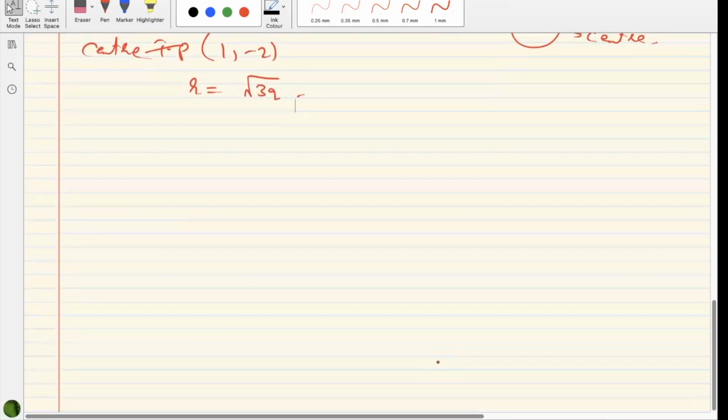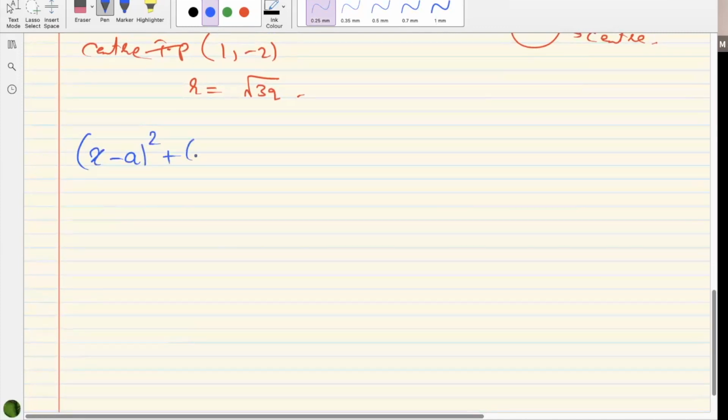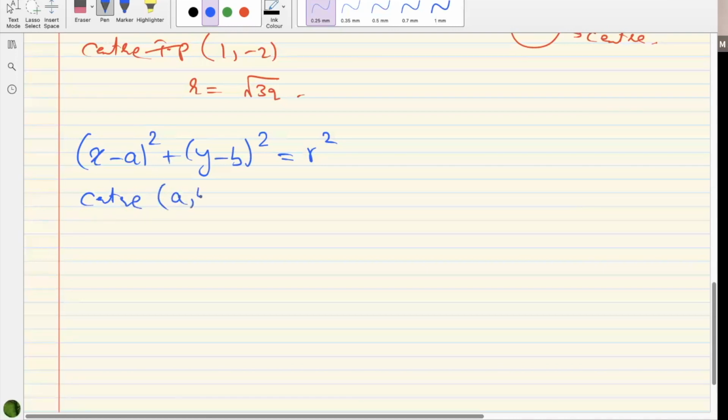Yes, sir. One general equation is (x minus a) whole square plus (y minus b) whole square equals r square, where center is a comma b and radius is r.